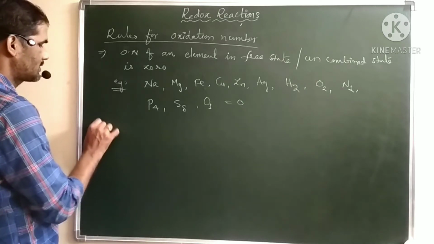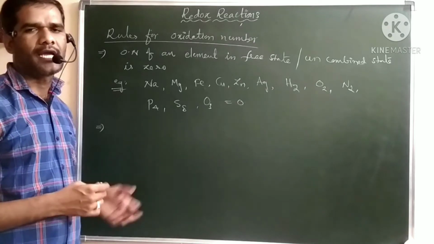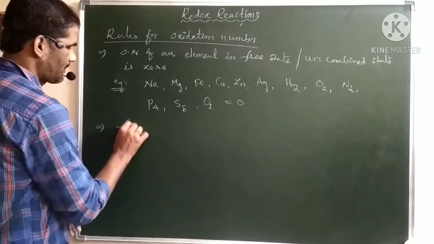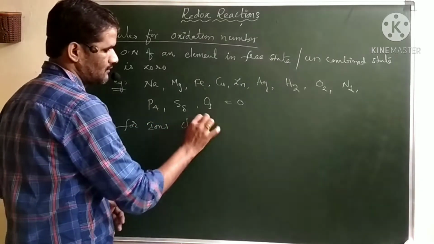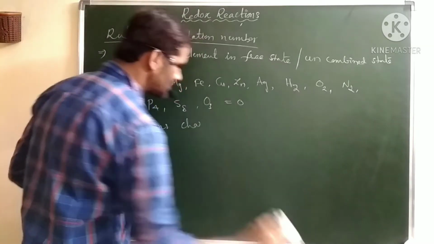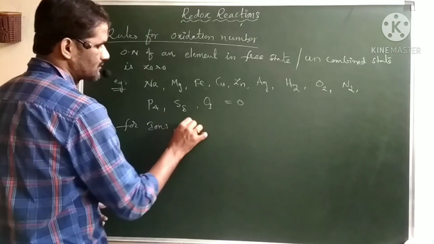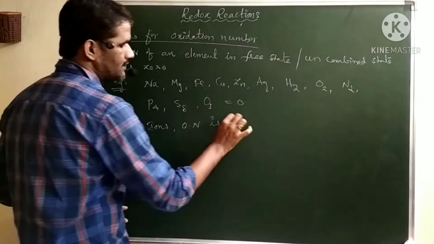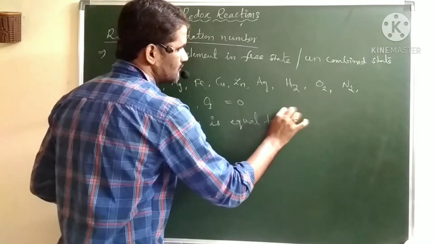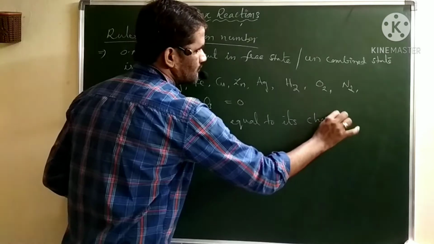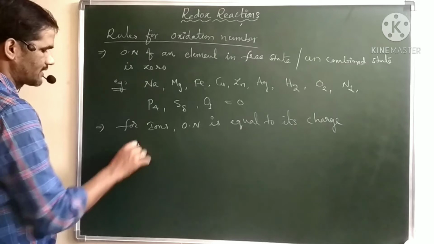Now the second rule: for ions, the oxidation number is equal to the charge carried by the ion. Let us take Na+ for example.